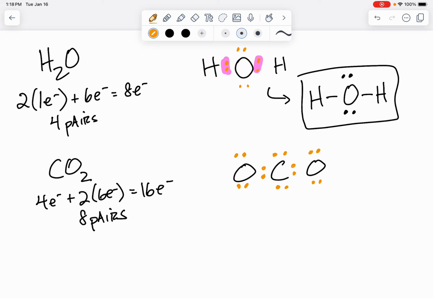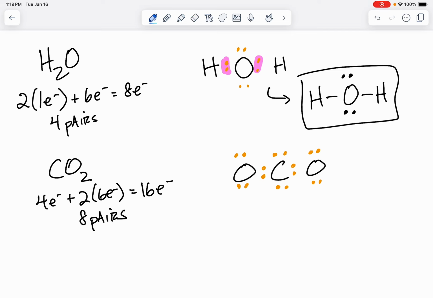So what we have to do is think about moving some of our lone pairs of electrons around the oxygens or the carbon to try to maintain the octet. Now, I think the thing to think about is that carbon already has an octet. So if we start adding electrons in, maybe from the oxygens, that's going to bring more electrons around the central atom than we want. So we don't want to do that.